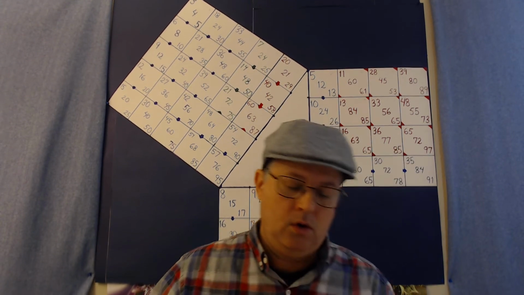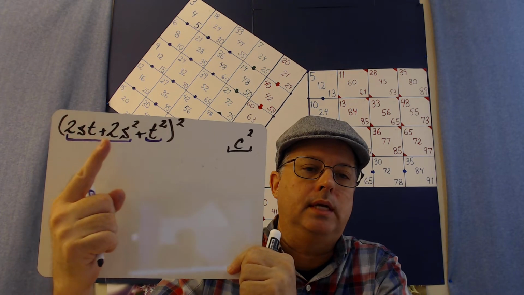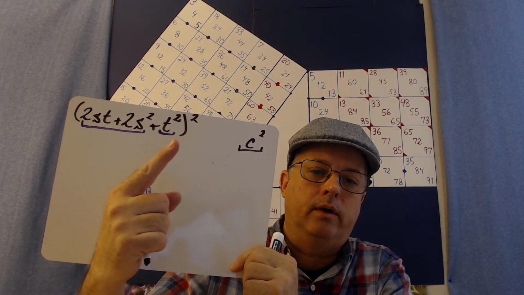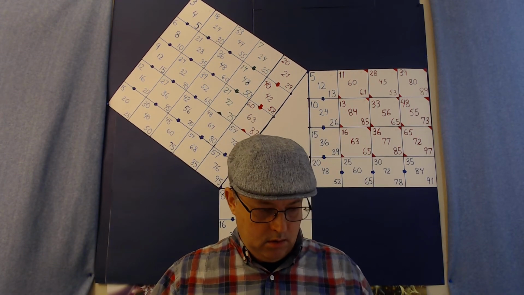So we're going to imagine this first group here, 2st plus 2s squared, as our x, and then t squared as our y.